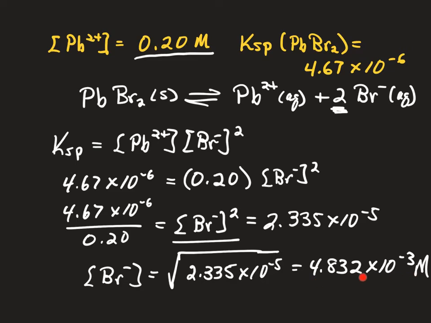That is our threshold concentration. At that concentration, our Q is equal to our KSP. If we exceed that concentration, Q will be greater than KSP, and we will begin to precipitate. So now we have to consider our silver ions.